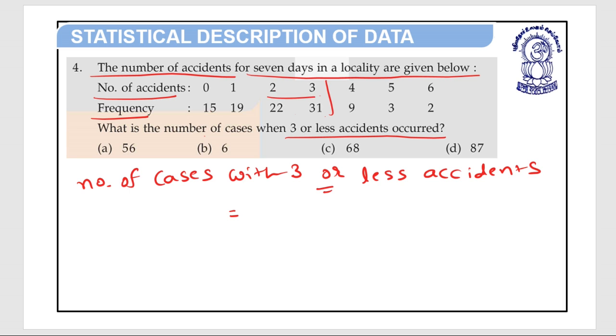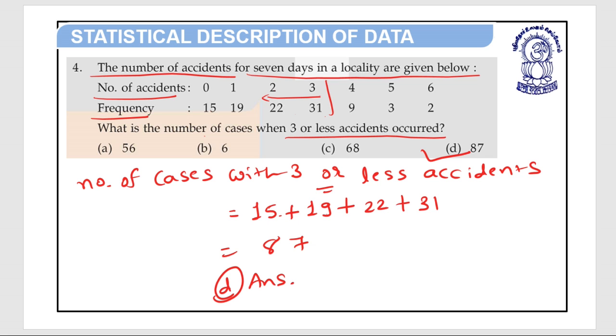Less means 0, 1, 2 and 3. Frequency of 0 is 15. So write 15 plus 19. Frequency of 2 is 22. And frequency of 3 is 31. The total is 87. So option D, 87, is the right answer.